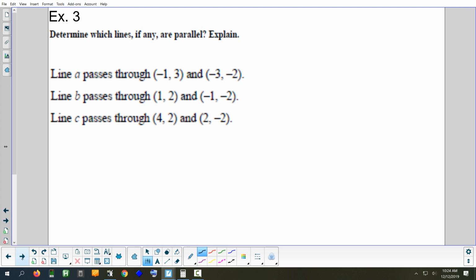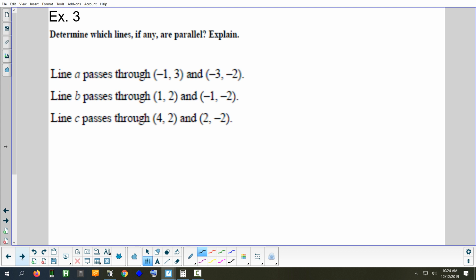The question here is, which of those lines, A, B, and C, are parallel? That's what they want to know. So, in order to see if they're parallel, what's the first thing you should check, or the first thing you should find? And unfortunately, we got to do it 3 times.